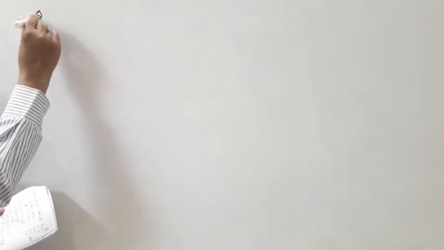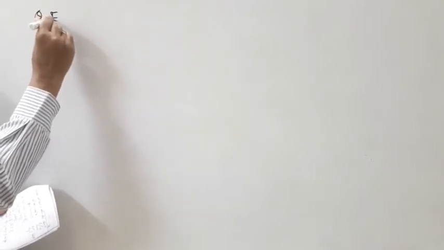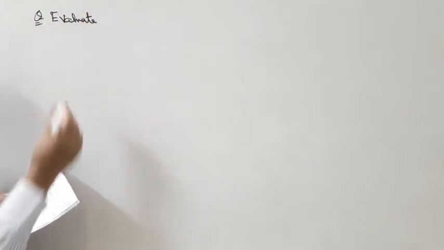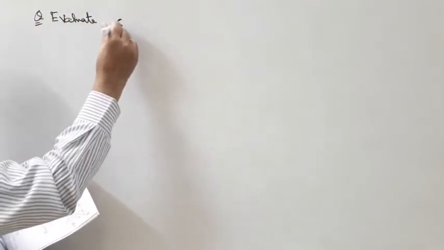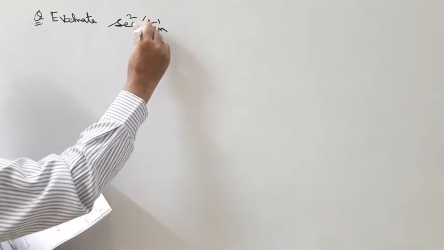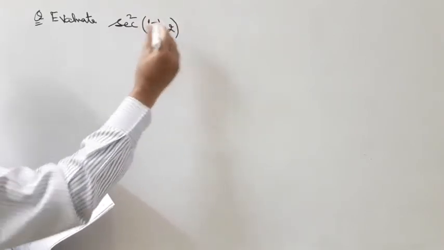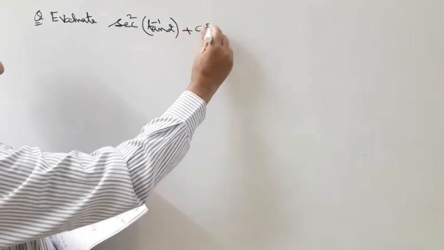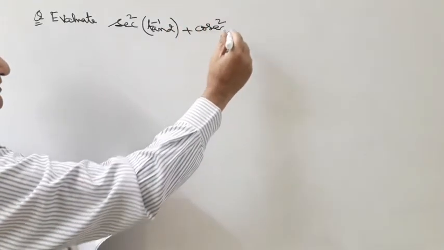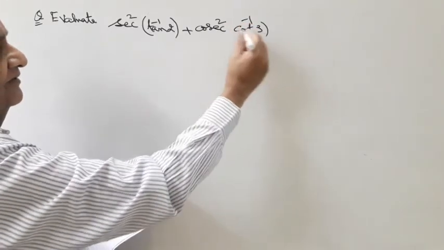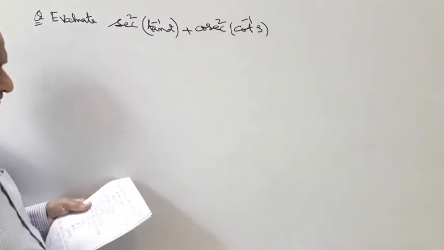Now take up a very important question. He says evaluate secant square of tan inverse 2 plus cosecant square of cot inverse 3. This we want the value.